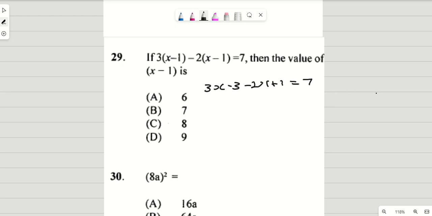So we're going to group 3x minus 2x minus 3 plus 1 is equals to 7. No, not plus 1, this is plus 2. So we have 3 minus 2 is x, and then minus 3 plus 2 is minus 1 is equals to 7. Then x minus 1 is equals to 7.